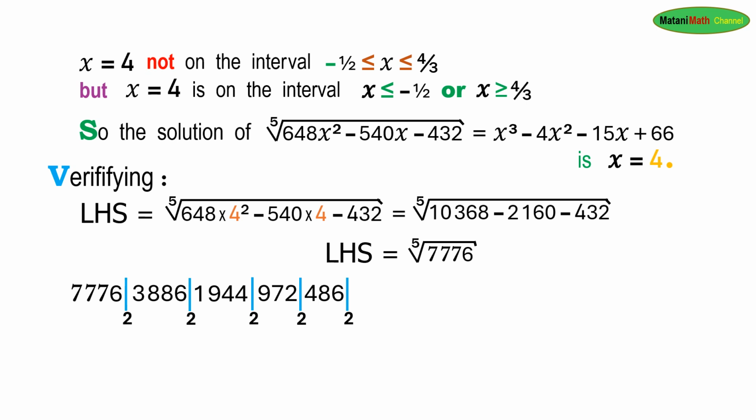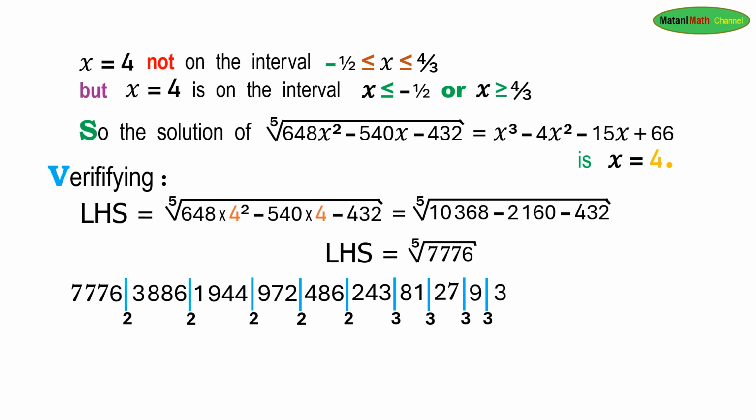Divided by 2, we will find 243. Divided by 3, we will find 81. Divided by 3, we will find 27. Divided by 3, we will find 9. 9 by 3 equal to 3.